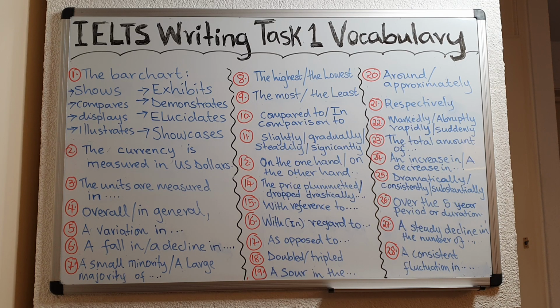Okay, so the most, most of the people prefer to eat fresh vegetables in the United Kingdom, whereas in the United States, the least amount of people prefer to eat fast food. So the most is many, the least is few.